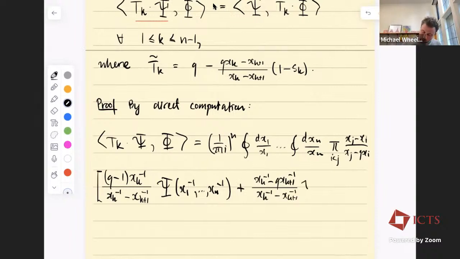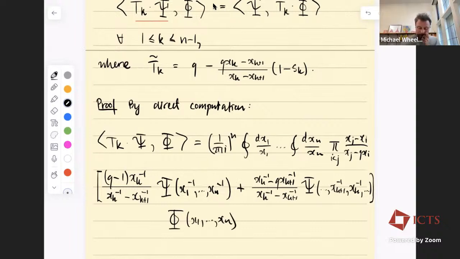And this is going to be psi in the inverted alphabet, but where I switch x_{k+1} and x_k, and all of that multiplied by phi of x_1 up to x_n.